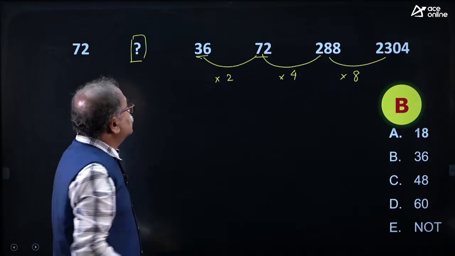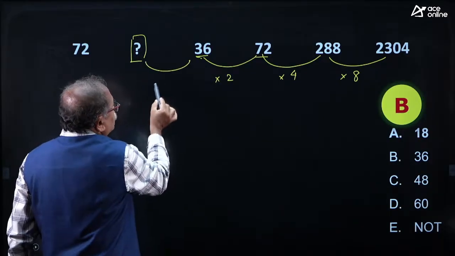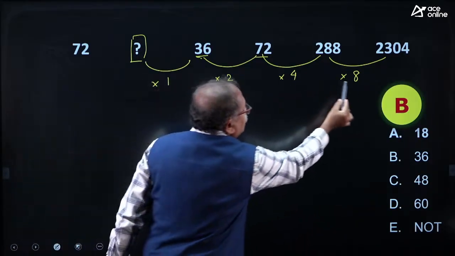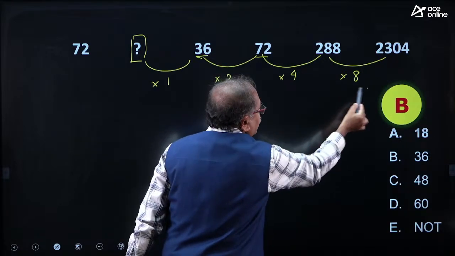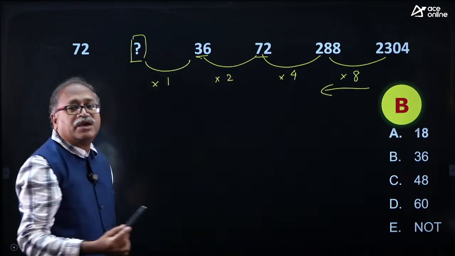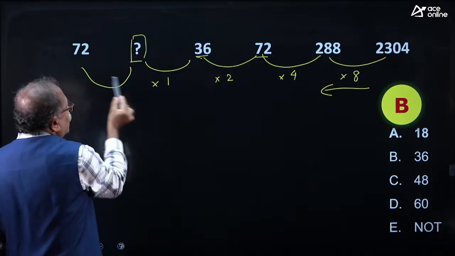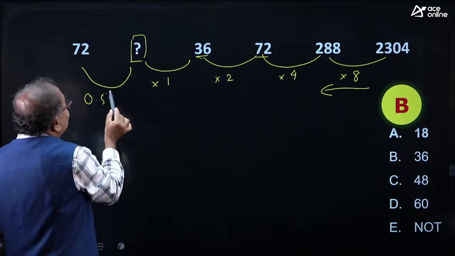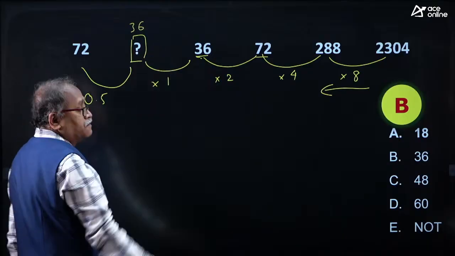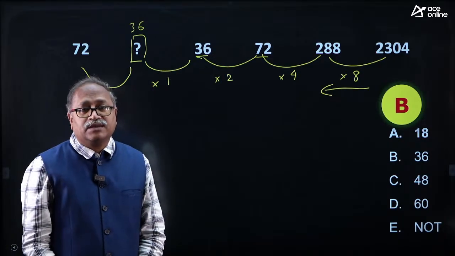Then I will come back over here, it should be into 1. See that every time if I come from this side, the multiplier is getting half. Here the half of 2 is 1 and half of 1 is 0.5. So, it should be 36, what you rightly said.